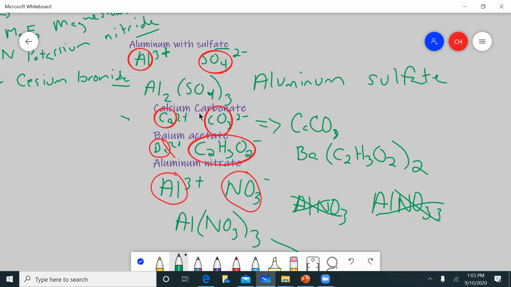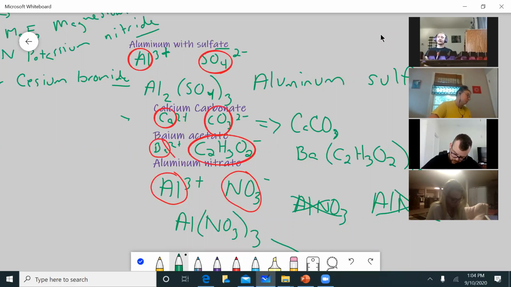This one would be calcium carbonate. This would be barium acetate, and this guy would be aluminum nitrate. You don't -ide polyatomic ions. Leave the polyatomic ion as it is.